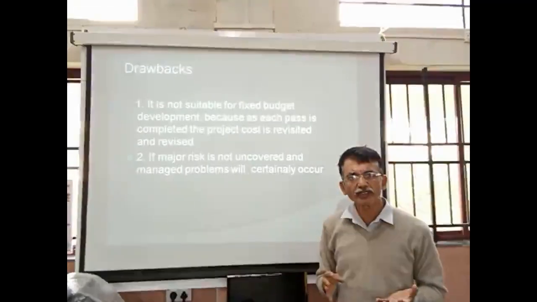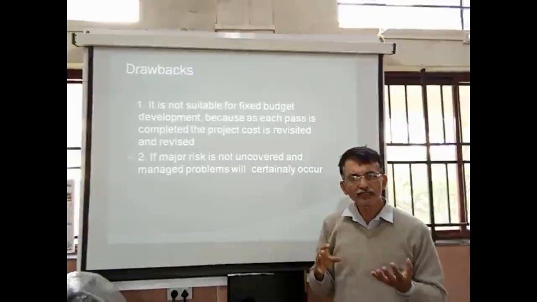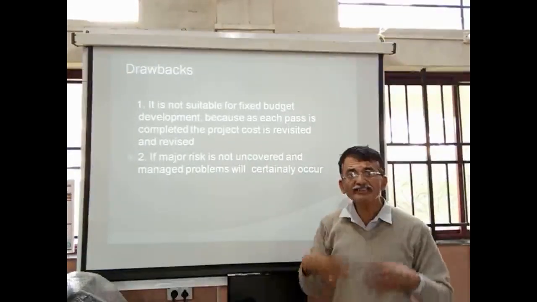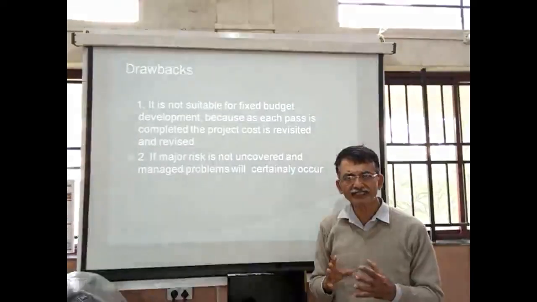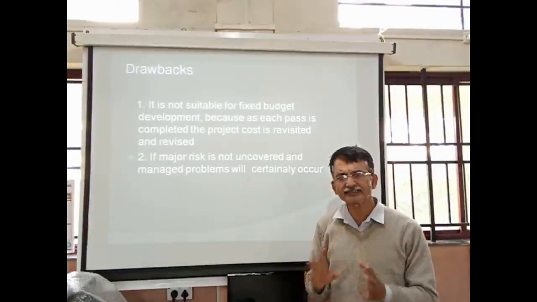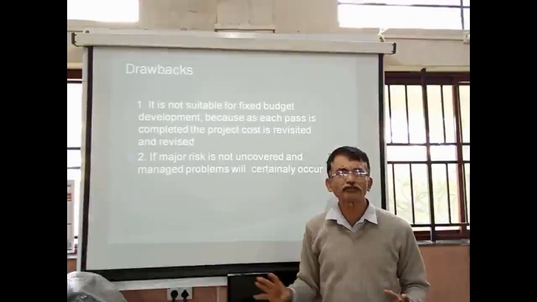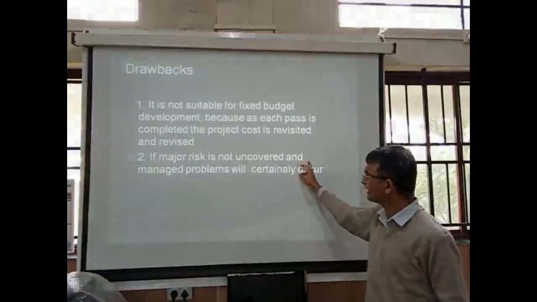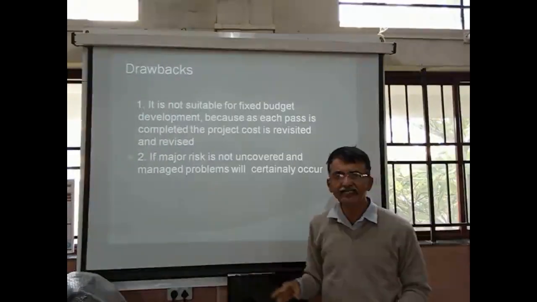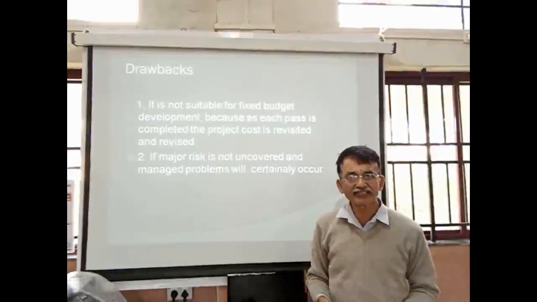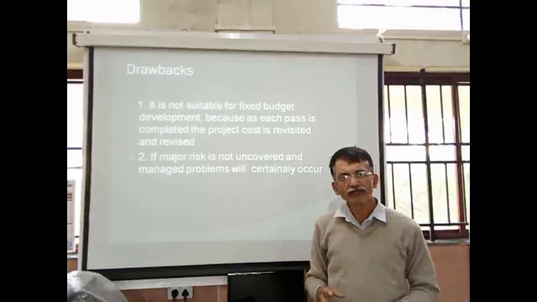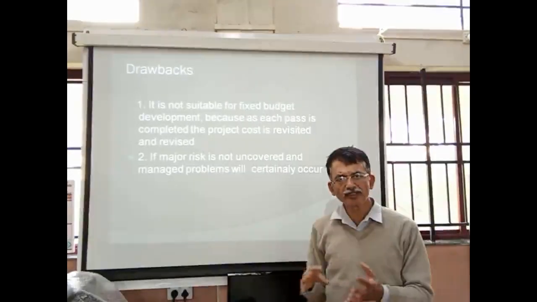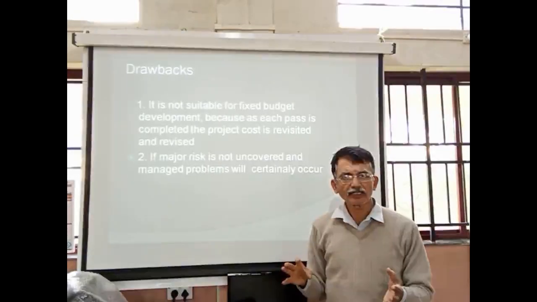Because in the spiral model, every time we revisit after the pass, we revise the budget. So in a fixed budget, revision is not there. So in such cases, the spiral model is not useful. What is the second drawback? If the major risk is not uncovered and managed, problems will certainly occur. So if the problems are there, they should be solved at an early phase. Otherwise, a big problem would arise.